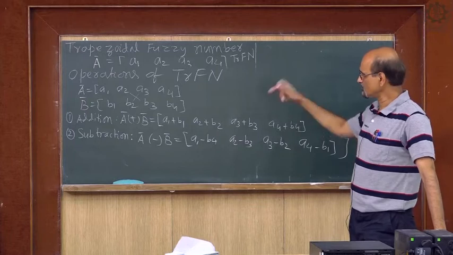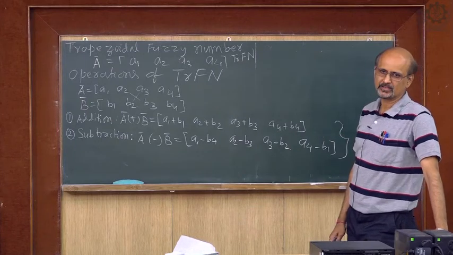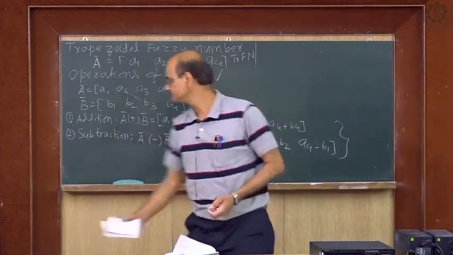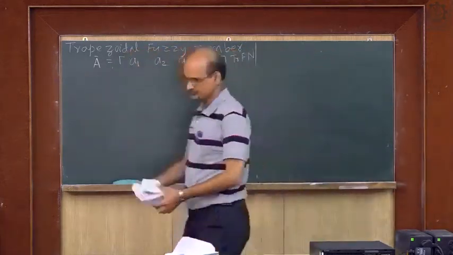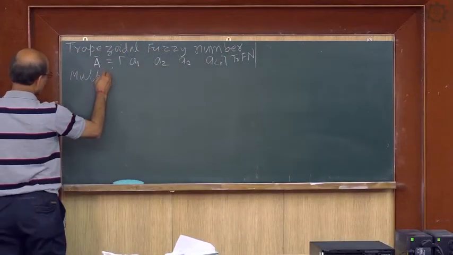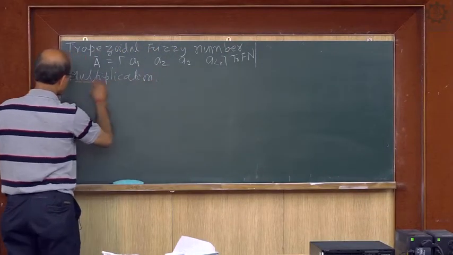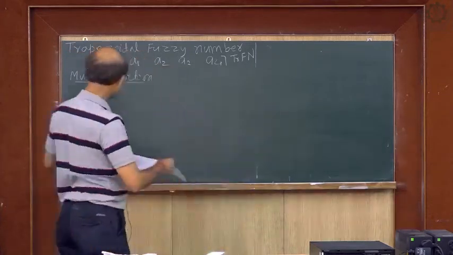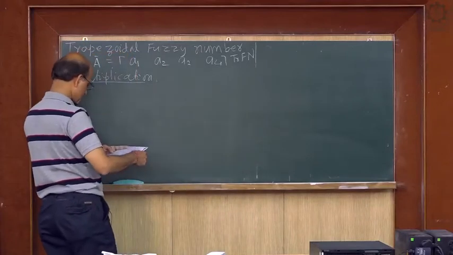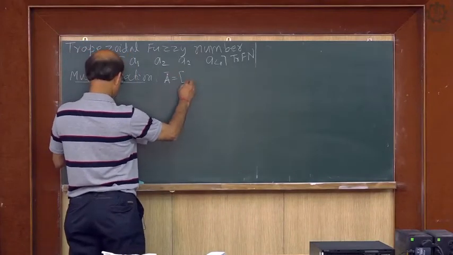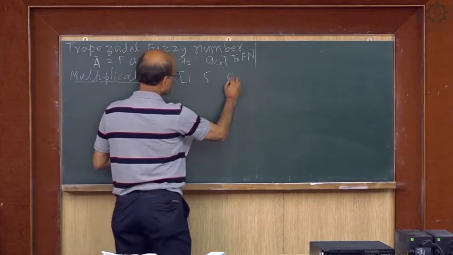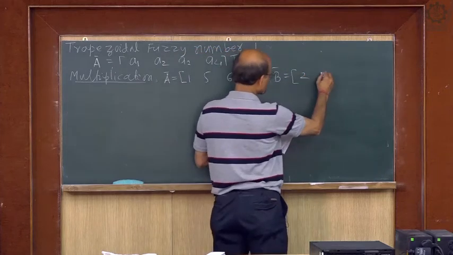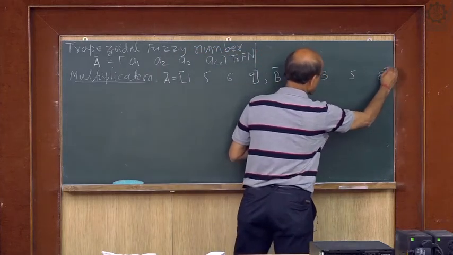Now, multiplication and division, again we have an approximated rule, using your alpha cut. Let us do it by an example, which is better. Suppose I have A bar as 1, 5, 6, 9 and B bar as 2, 3, 5, 8.